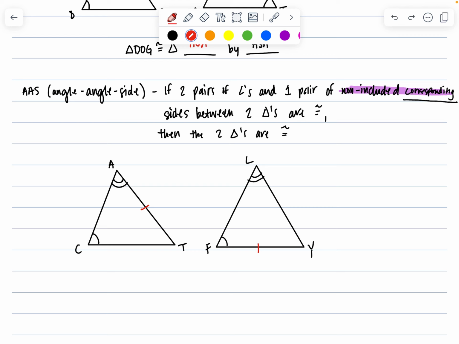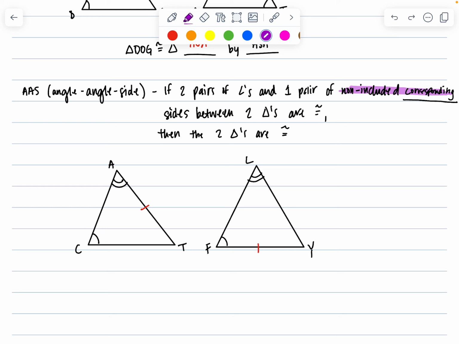Well, if you look at the pattern, if you go from one tick to two ticks through the one side, in this particular case, angle side will look like two ticks to one tick through the one side, and it is not the same order. Okay, corresponding angles all have to line up, and corresponding sides have to line up when we do this pattern.